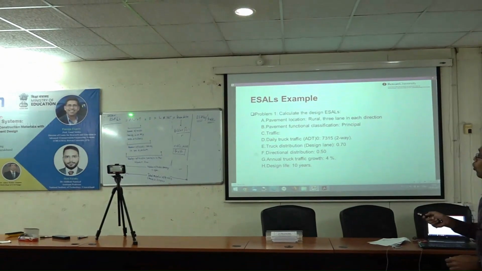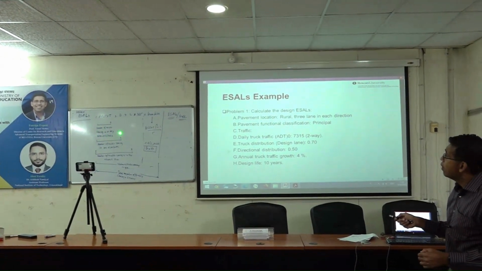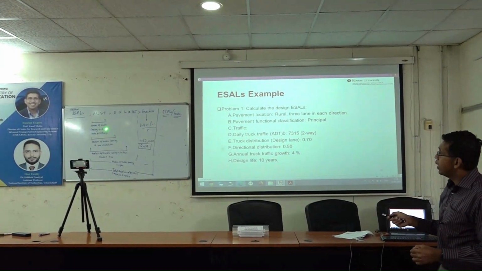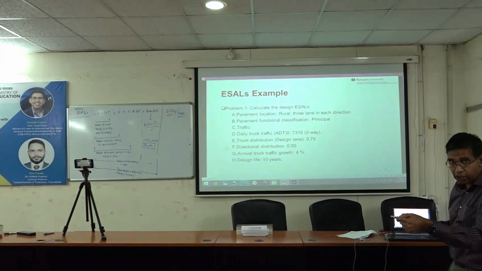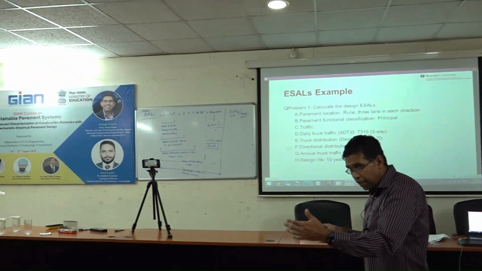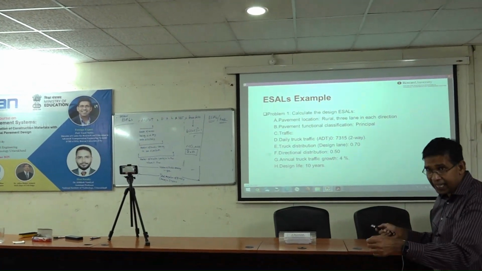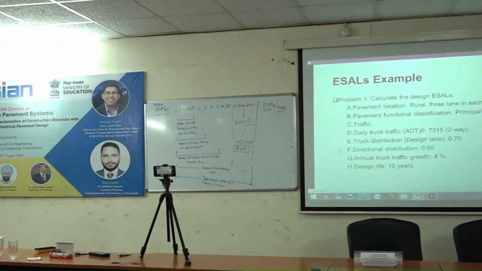Yes. So AADT times T is the number of trucks coming in a day, both directions. Times D, the directional distribution factor, that divides approximately by 50%. Now that makes it one way. L is for the design lane or the slow lane, not the overtaking lane.